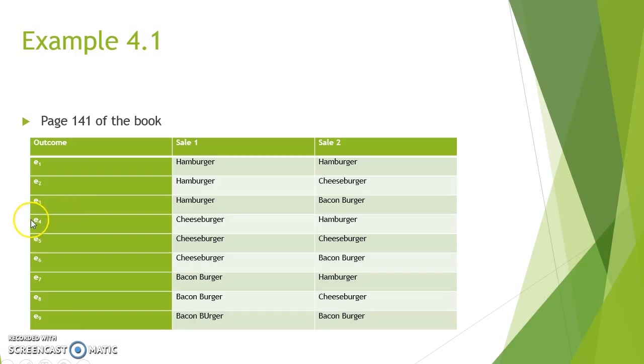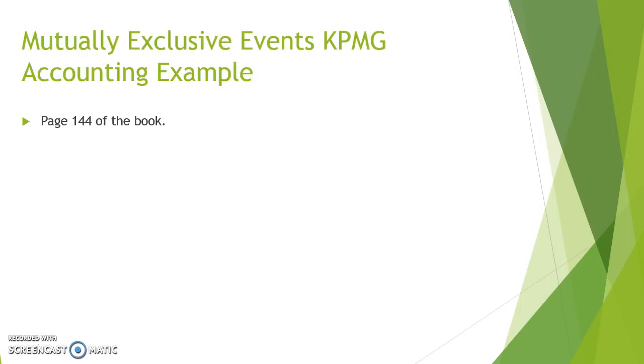If the first person chooses a cheeseburger, the second person could choose a hamburger, a cheeseburger, or a bacon burger. And if the first person chooses a bacon burger, the second person can choose a hamburger, a cheeseburger, or a bacon burger. That would be the sample space, and that is something used in an experiment.